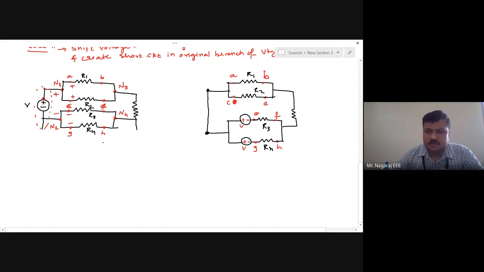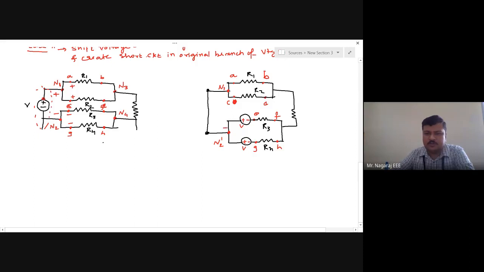So see here, A is at positive potential, originally connected to this node N1. Now I will call this N2 dash. A new node is formed. C is also at positive potential. Now the positive terminal of V is connected to N2 dash.